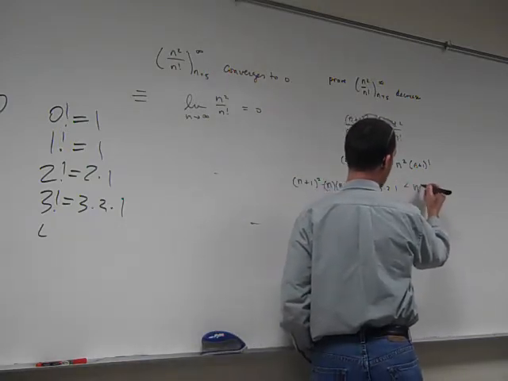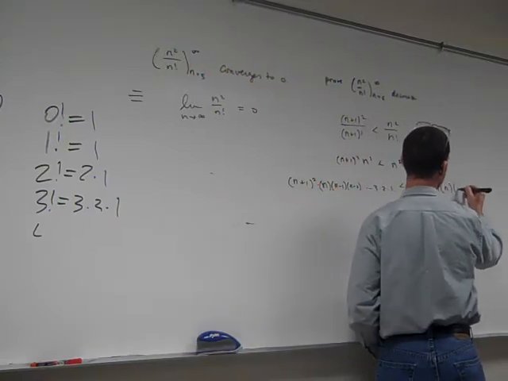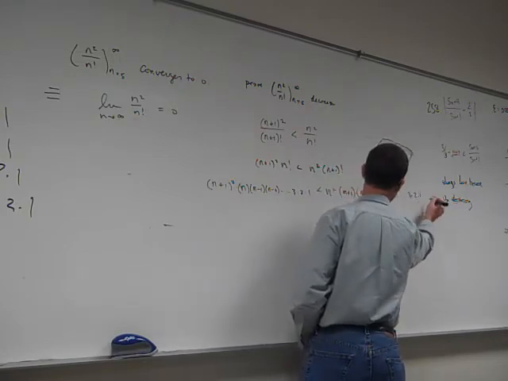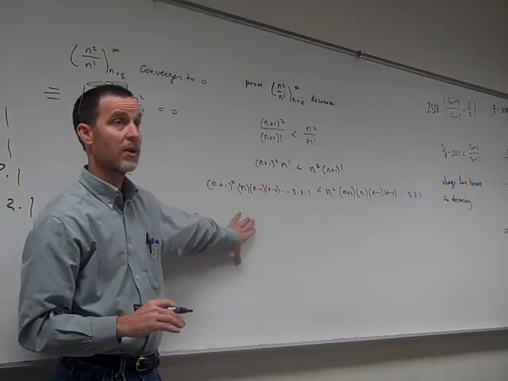So it's less than n squared times n plus 1 factorial, which is n plus 1 times n times n minus 1, all the way down to 3 times 2 times 1. Are you clear on what I just did? I just wrote down the definition.